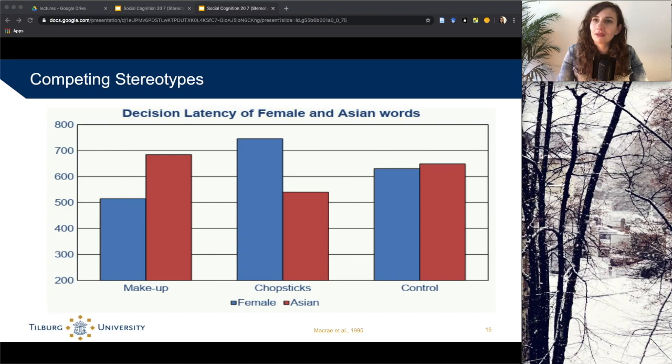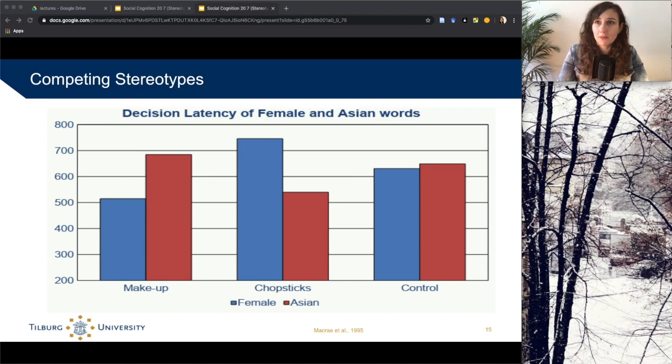So we would think that in the makeup condition, where the female category became more salient, the Asian stereotypes were inhibited compared to the female stereotypes, which were activated.